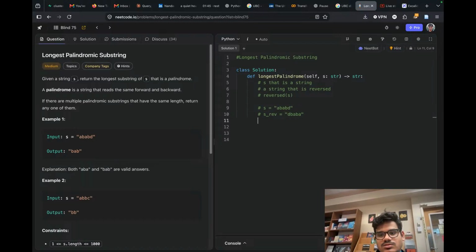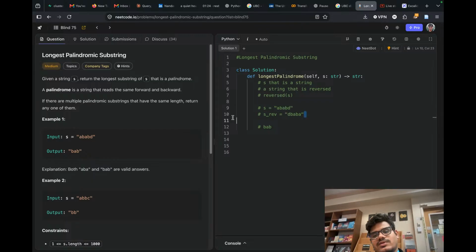dba. Now let's find out what the common subsequence is in these two strings. The common subsequence will be b, a and b. So it will output bab, which is exactly what we are trying to achieve.